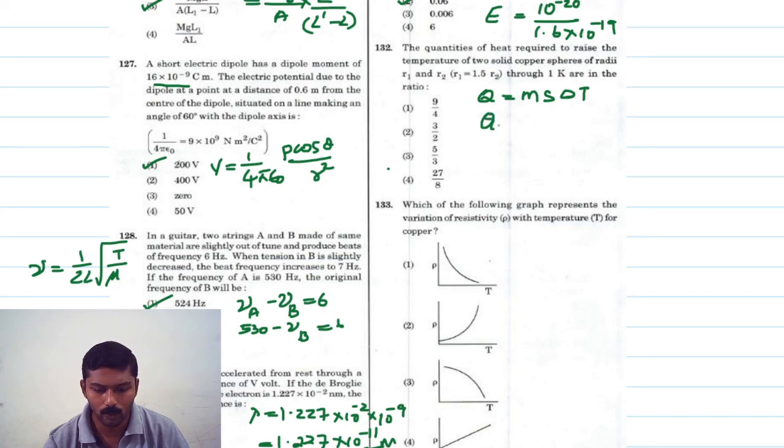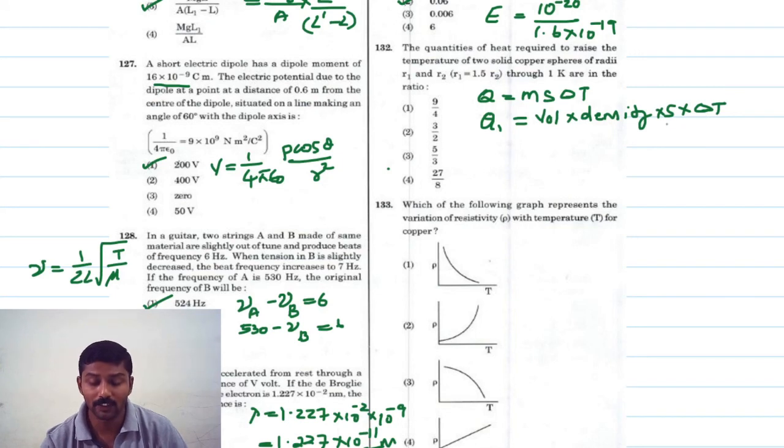So Q1 is equal to volume multiplied by density for mass, multiplied by specific heat multiplied by delta T. The specific heat is the same because it is copper, as already said. Delta T, the rise in temperature, is 1. The density of the material is also the same, copper itself. So Q depends on volume.